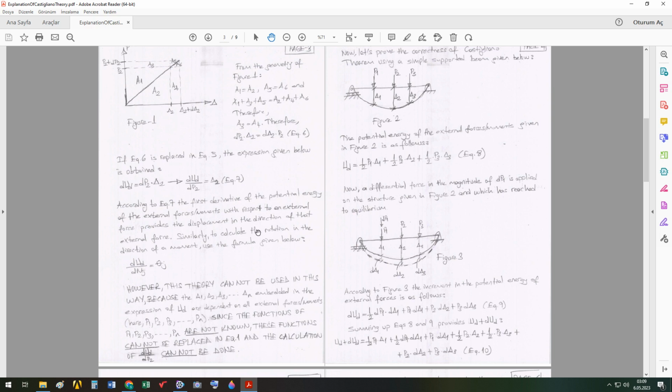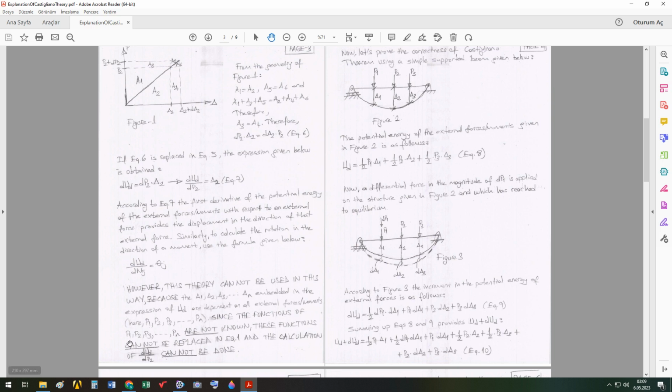Here, using some geometrical shapes and symbols, we have proved that it's valid, but to use it in specific structural problems, we need the function of UD to be obtained by suitable functions.